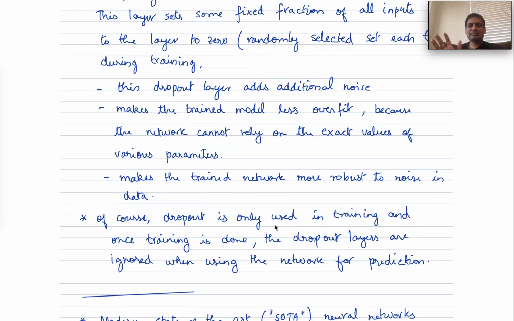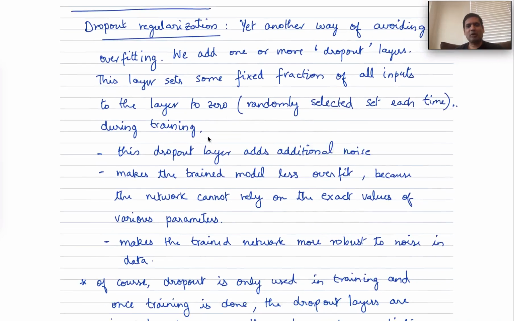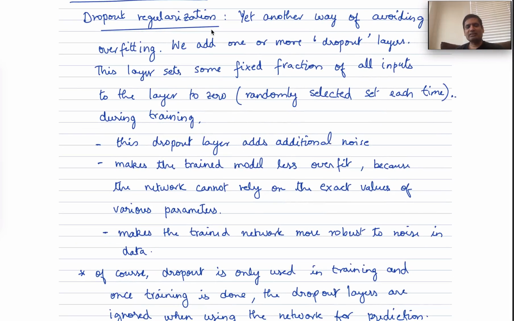Once the training is done, namely the initial optimization where you're finding all the biases and weights, when you're actually wanting to use the already trained neural network for some application, the dropout layers are dropped, they are ignored when you actually want to make a prediction for whatever purpose. Okay, so that's called dropout regularization. It's called a regularization because, again, it helps us from overfitting.